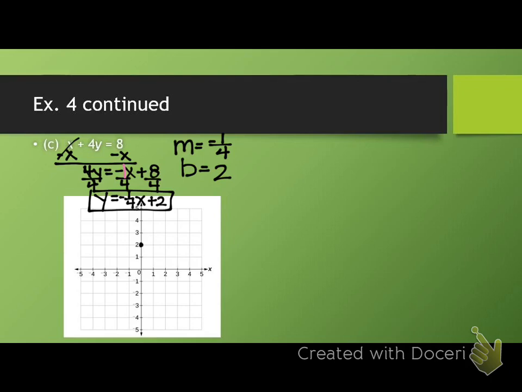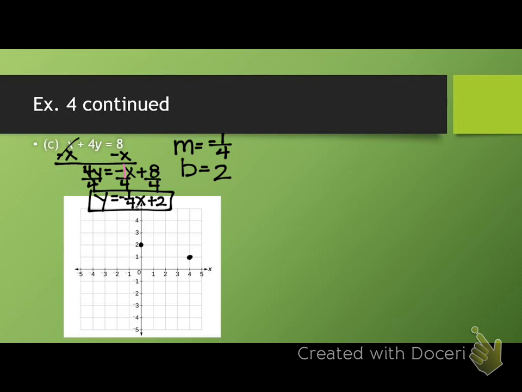Up to 2. All right. Deja, my slope is negative 1 over 4. So from that point, my rise, am I going up or down? And then am I going right or left? Down 1 because it's negative. And right 4 because it's positive. So good. Down 1 and then 1, 2, 3, 4 to the right puts me right there.